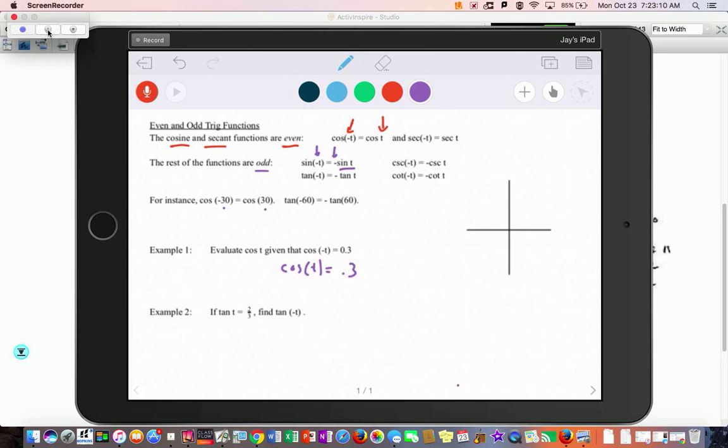And if the tangent of t equals 2/3, find the tangent of negative t. So I'm going to have you do this one as a DIY, and then I'll put the answer up. So write out what you know from above and see if you can find what is the tangent of negative t.